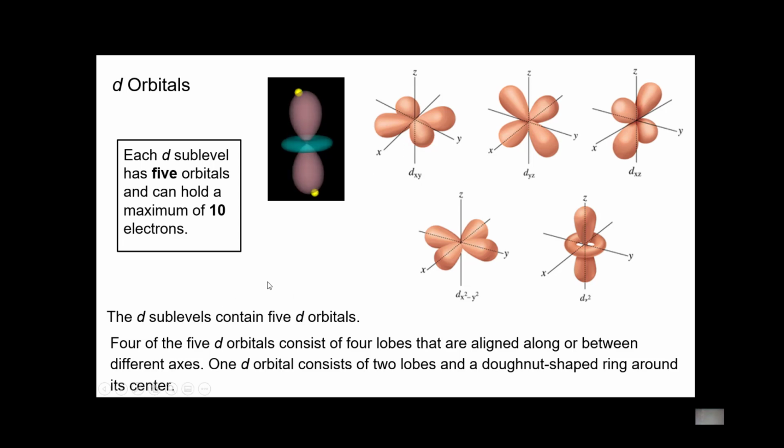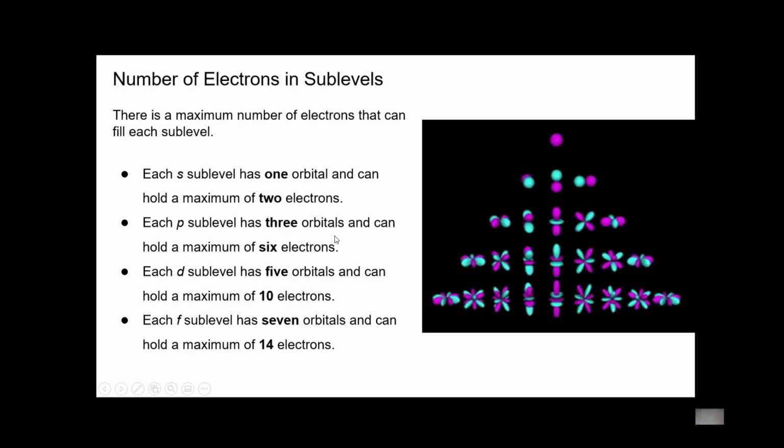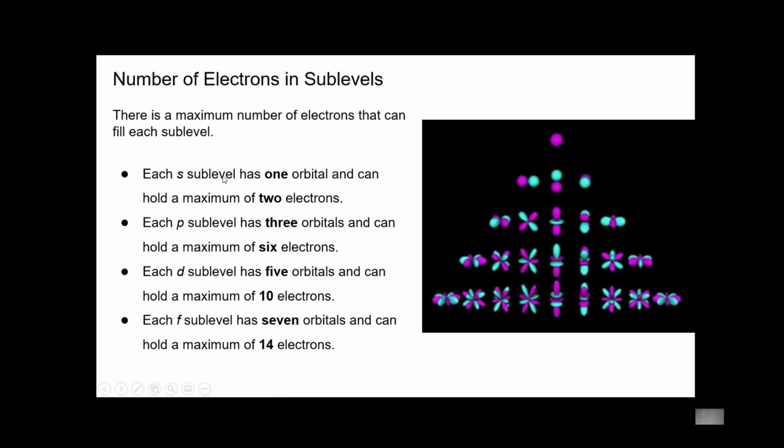So d orbitals can hold 10, p orbitals can hold 6, and s orbitals can hold 2. And these have got 4 lobes, and then one that's just weird. All right, we're not going to cover the F, because you don't have to worry about F. Once we start doing electron configuration, I might ask you for something in F, but I'm not going to cover the orbitals here. That's a whole different type of chemistry.